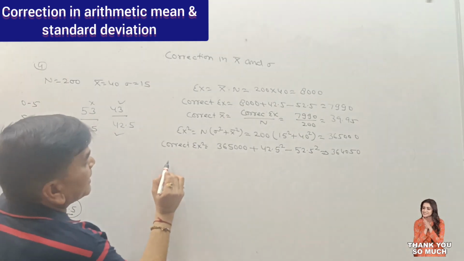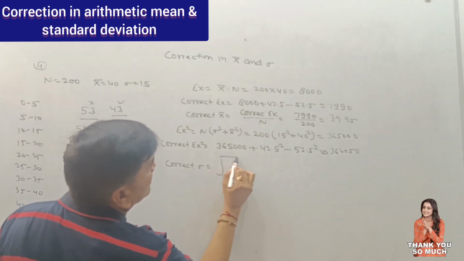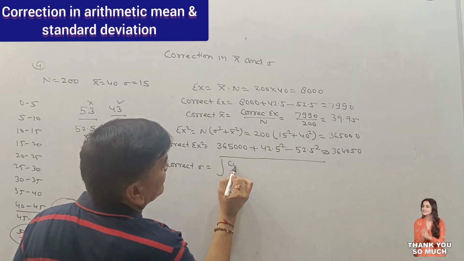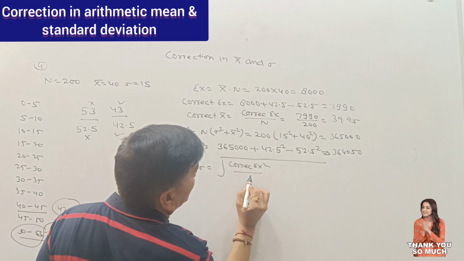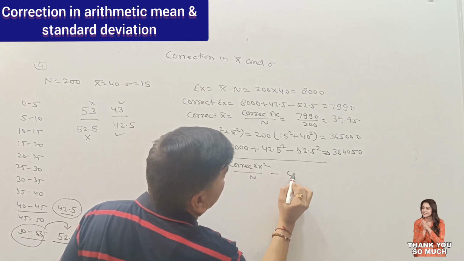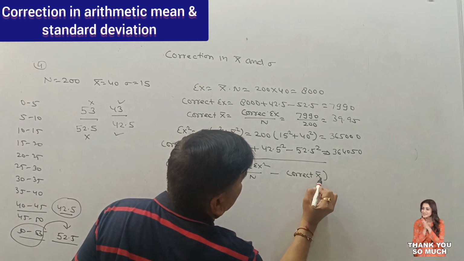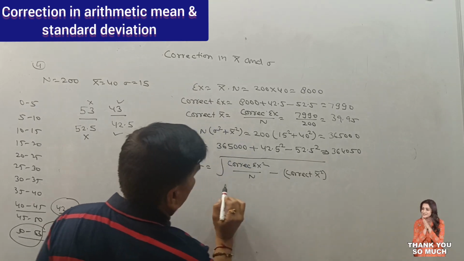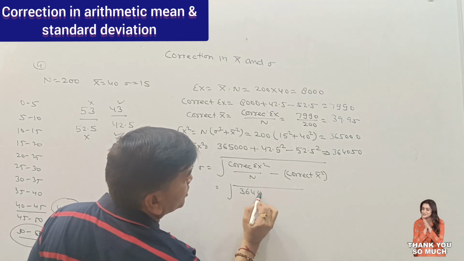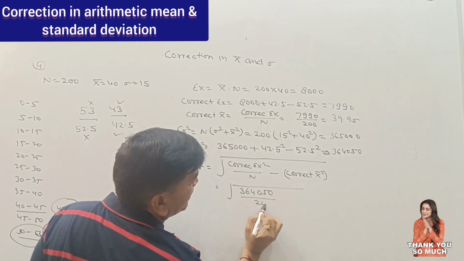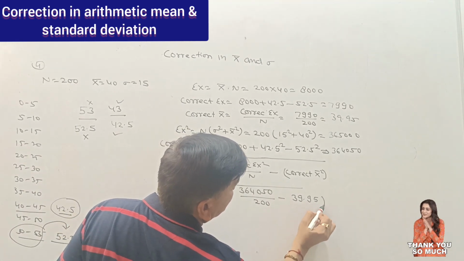So the correct standard deviation is the square root of correct sigma x square divided by n minus correct x bar raised to power 2. So 364,050 divided by 200 minus 39.95 raised to power 2.